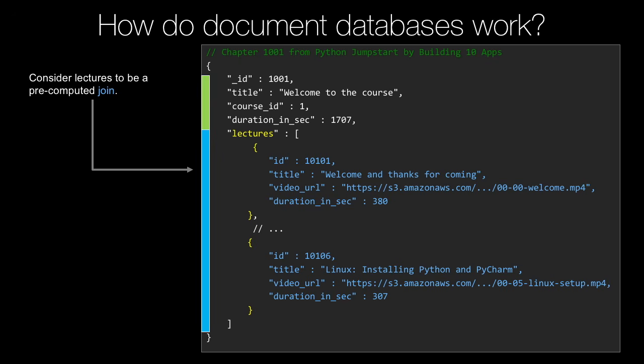But you might be wondering, well, what if I need to ask the question in reverse? Like, fundamentally, if I need to get at lecture 10,106, will I be able to query MongoDB quickly and efficiently to get that lecture? And it turns out the answer is yes. And that's why document databases are awesome. It's not just like some nested blob stored in the original record.